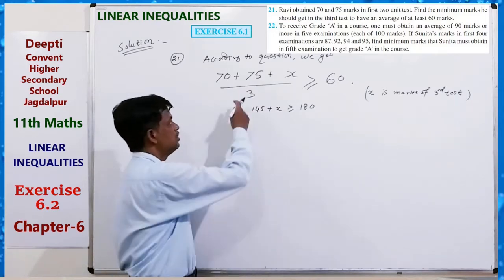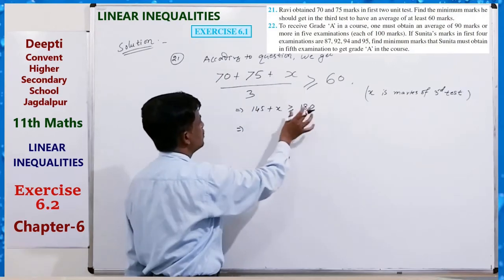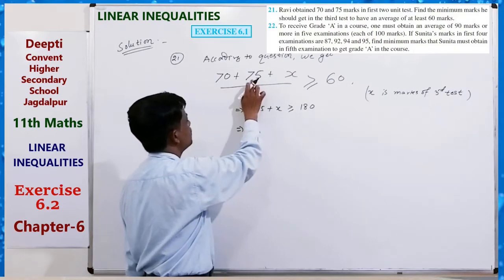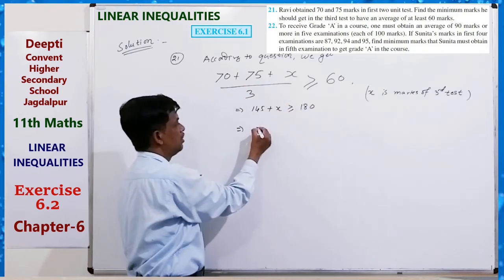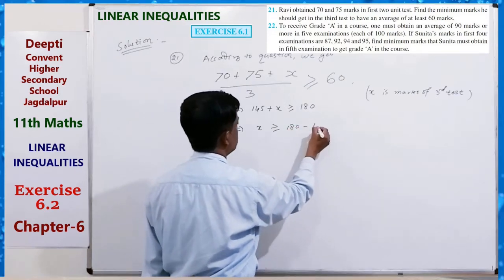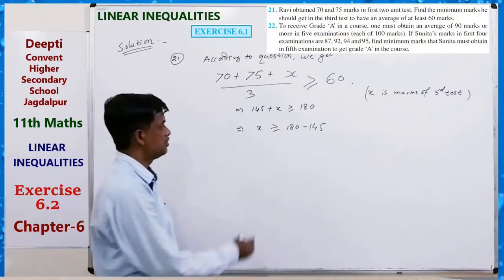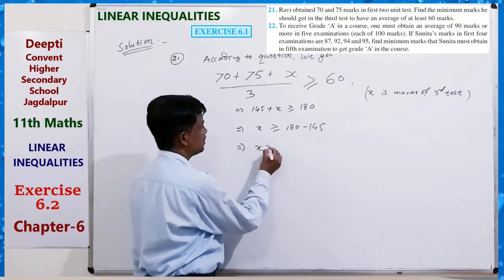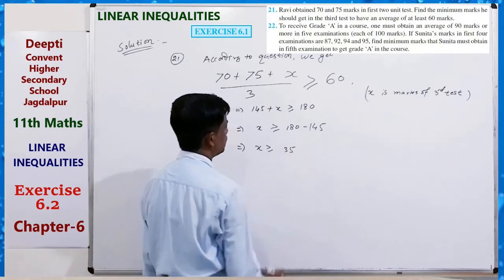How? Multiply by 3 on both sides. Then 70 plus 75 is 145, so 145 plus X is greater than or equal to 180. Now X is greater than or equal to 180 minus 145. Just subtract 145 on both sides. We get X is greater than or equal to 35.